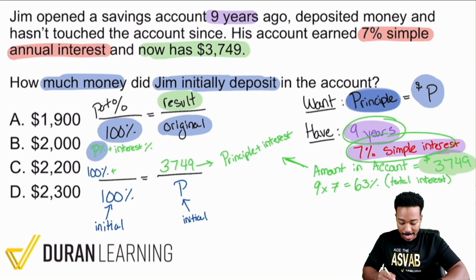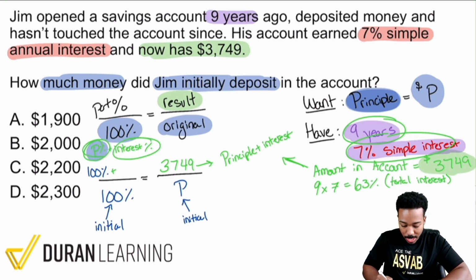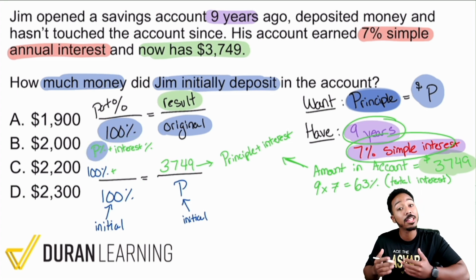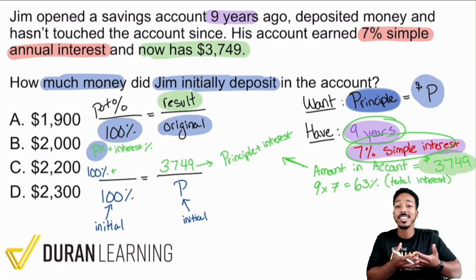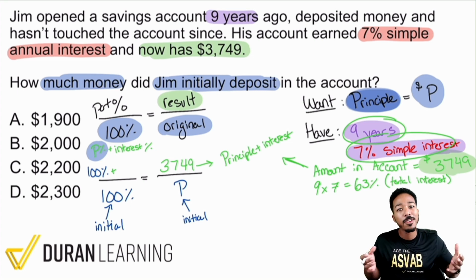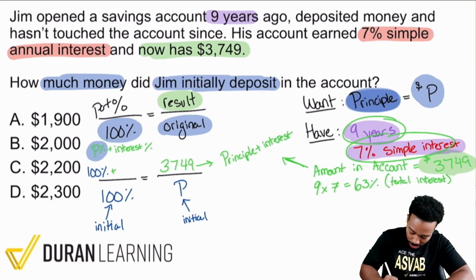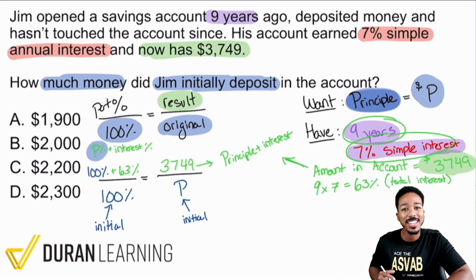And that is the principal plus the interest in terms of dollar amounts. And so this over here needs to match up in the percent amount. So the principal, 100%, plus the interest, 63%, put them together, and that's 163%. And so booyah, we can go ahead and set this up and solve this nice and easy.